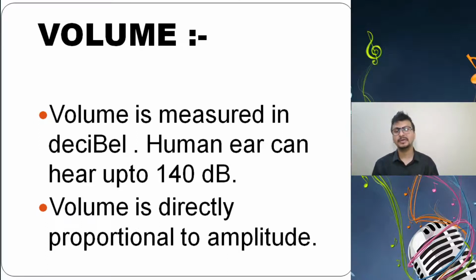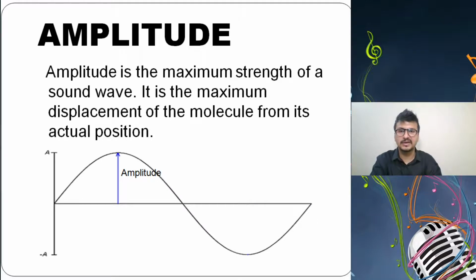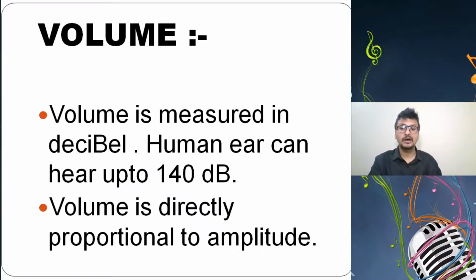See, volume here is directly proportional to the amplitude. I gave you one example just one slide back, the two words hello and hello. So the directly proportional relation comes here. The volume is directly proportional to the amplitude.